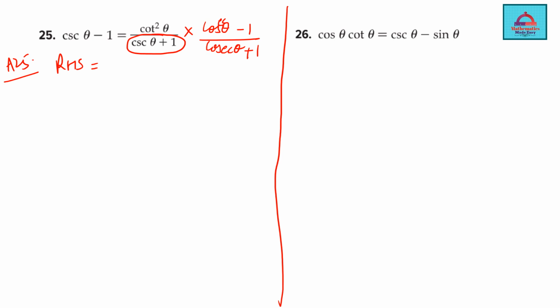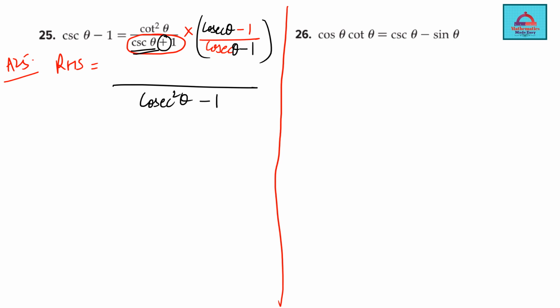So it has to be the same term, cosecant theta, and because it is plus, the conjugate will have the opposite sign, minus. Now it's perfect. So again, I use the identity of difference of squares in the denominator, a squared minus b squared, and in the numerator I've got to multiply these terms.